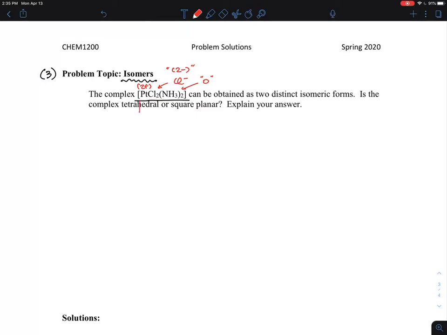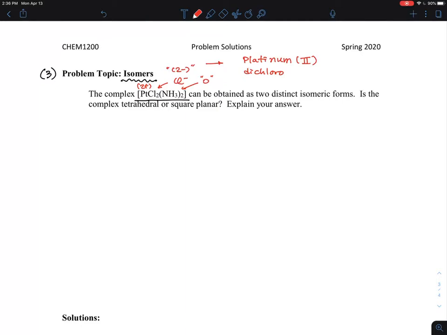So then you can do the nomenclature. Let's do the nomenclature on the other side. You say, okay, platinum. Platinum is 2+, and then you can say dichloro, and what was NH3?